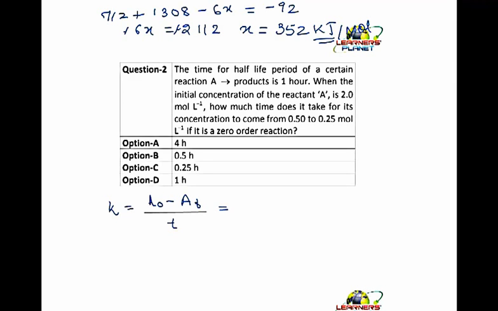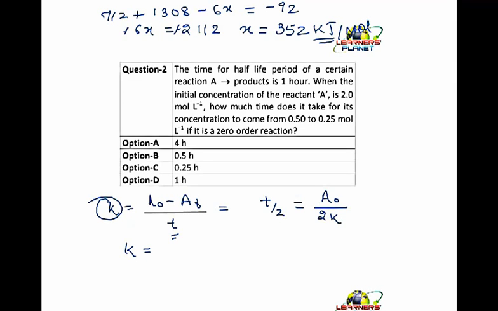Now here, what is your A0 in the first case? Do we know K? We don't know it. We have to calculate time also. Can we find out K from the first step? What is written there? The half-life period of a certain reaction is 1 hour. Now what is the equation for half-life period, students? The equation for half-life for a zero order reaction is T half is equal to A0 by 2K.